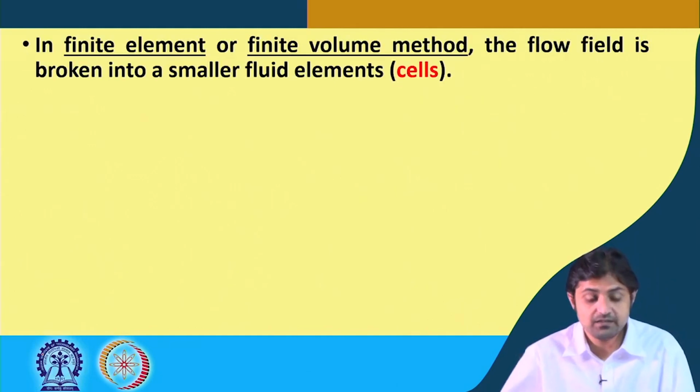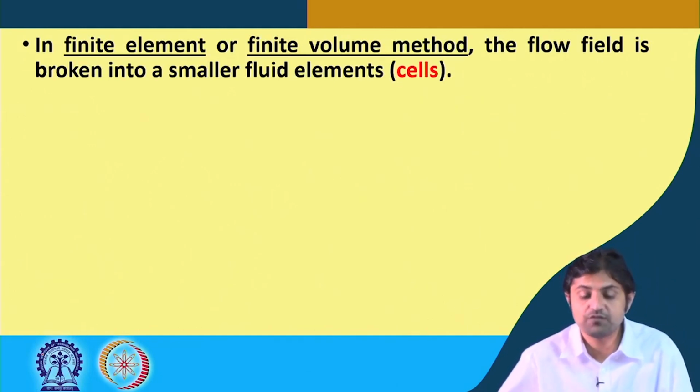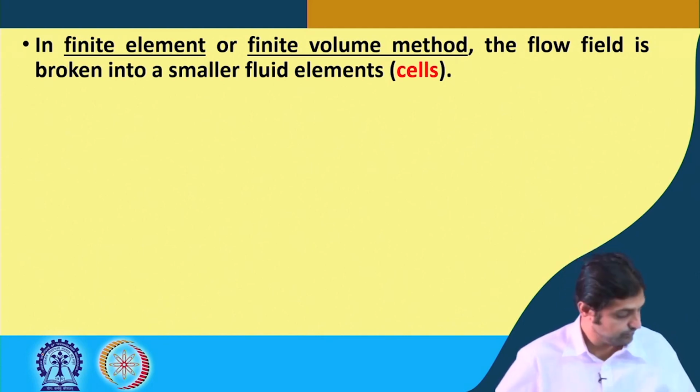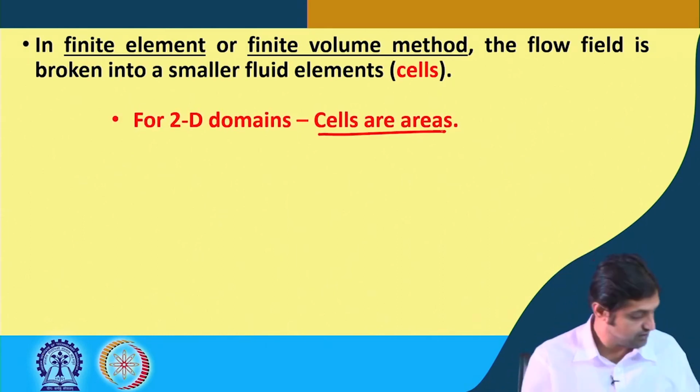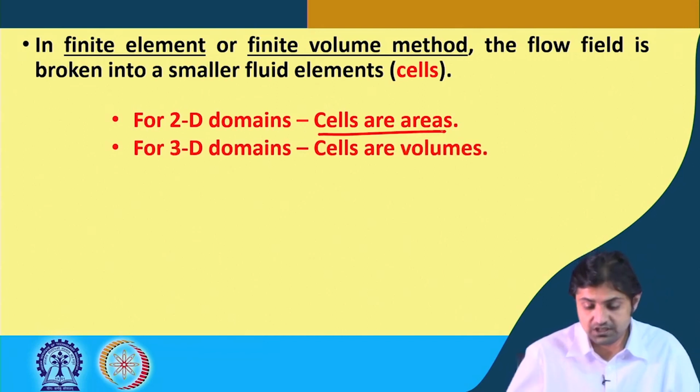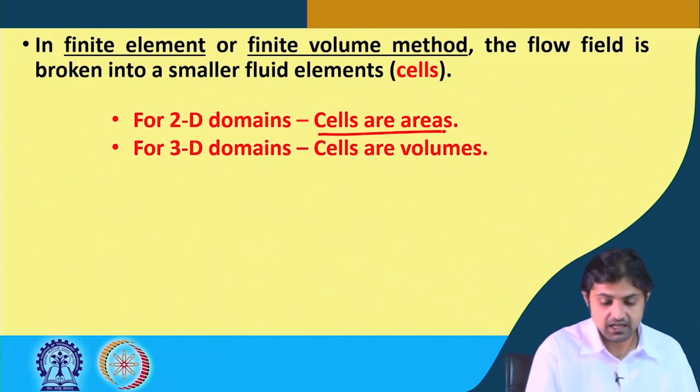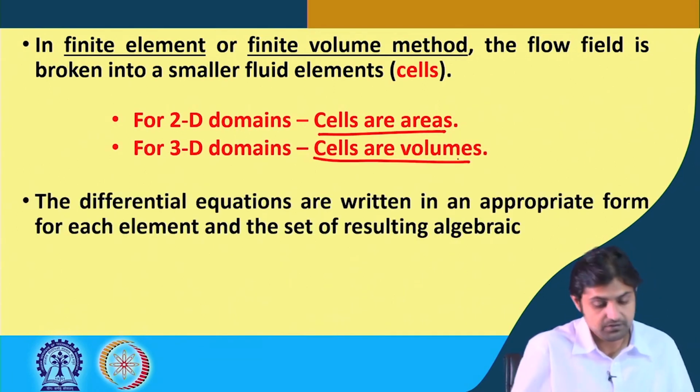So, in the finite element or finite volume method, the flow field is broken into smaller fluid elements called cells. So, for 2D domains, cells are areas, and for 3D domains, these cells are volumes.